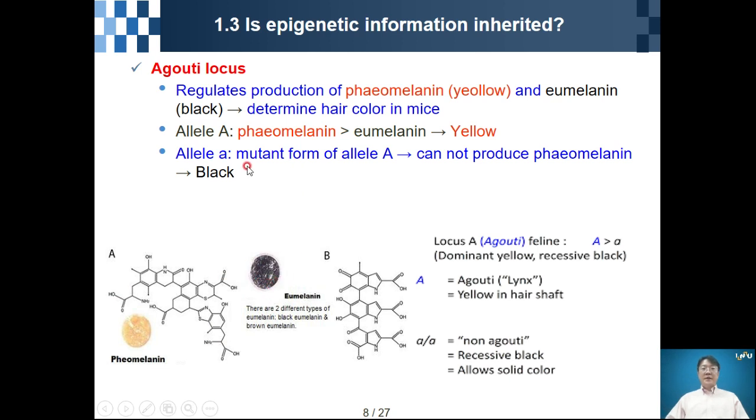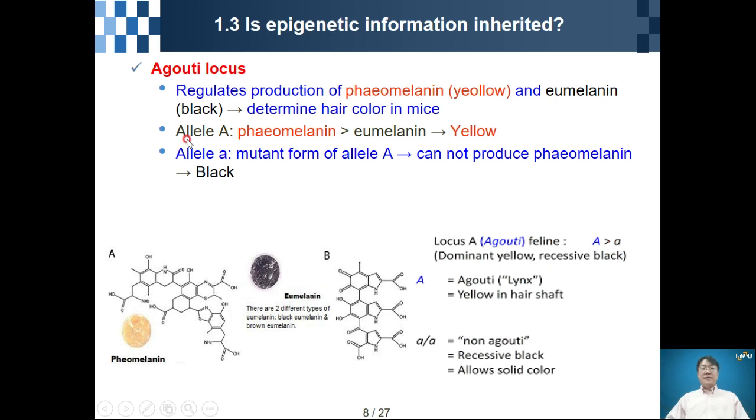So this Agouti gene locus regulates the production of pheomelanin and eumelanin, and it determines hair color in mice. For example, there is allele large A or allele small a. Large A is dominant over small a.